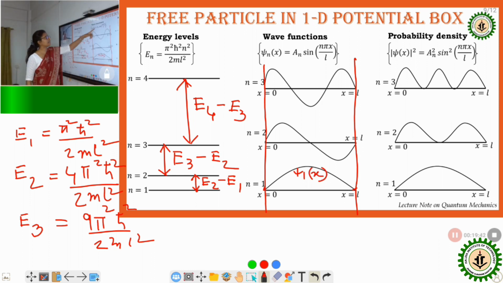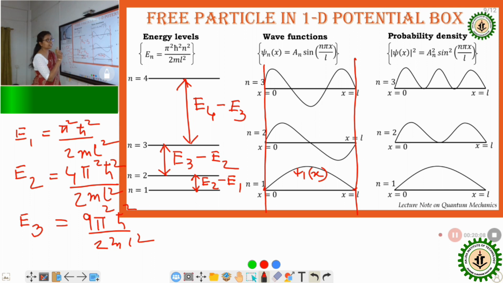Because if you put n equals to 1, that means a sine pi x by l, and if you put x equals to 0, the wave function is 0, and x equals to l, sine pi again gives you 0. So for psi 1 x, only these two points will give you the 0 value, that means the nodes. So the wave function will look like this.